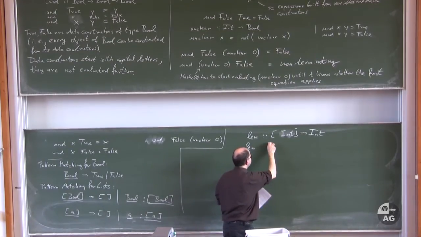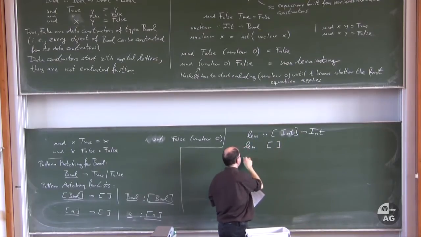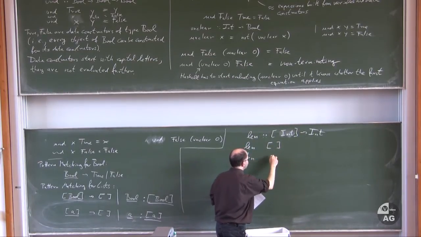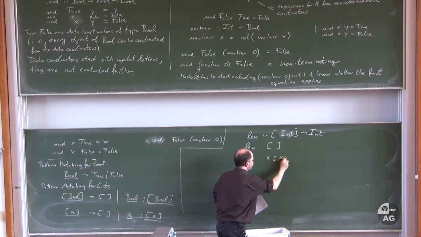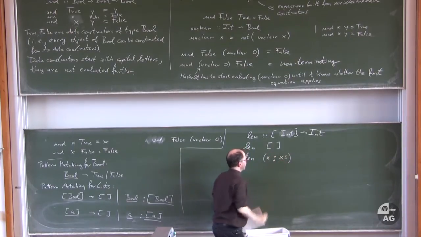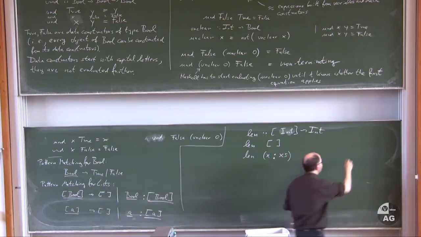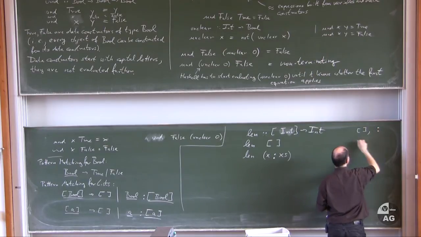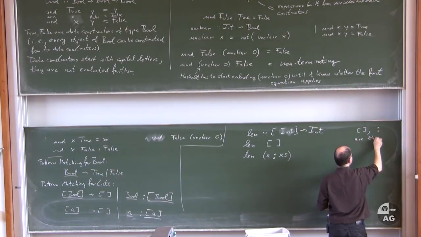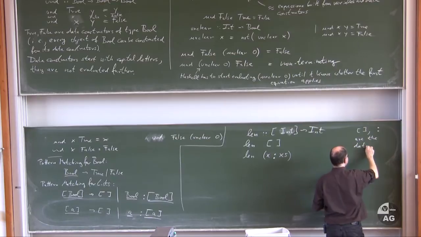Either the first argument is the empty list or the first argument is a non-empty list, so something built with the data constructor colon. So then it looks like this, x and xs. So for lists, we have these two data constructors, the empty list and colon. These are the data constructors for lists.